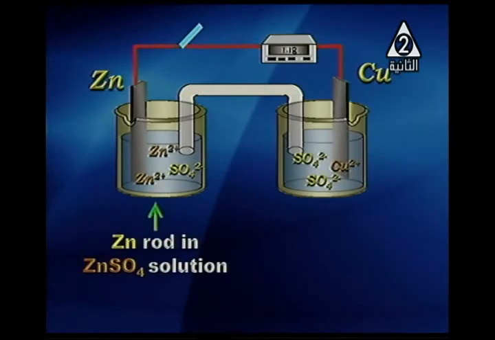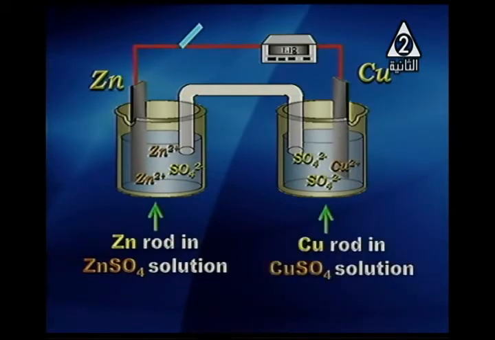In the second part, we have the Cu rod in CuSO4. If I remove this copper and put another metal like iron, or any less active metal, I need the solution of the salt of this metal.